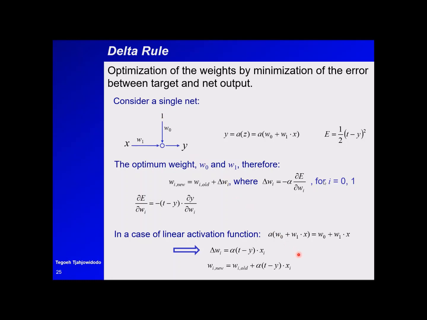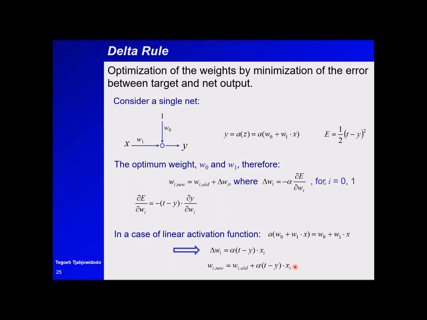Okay, so again, if we neglect the nonlinear activation function, if we just consider this net to have a simple linear activation function, then the updating factor of our weightage will appear like this.